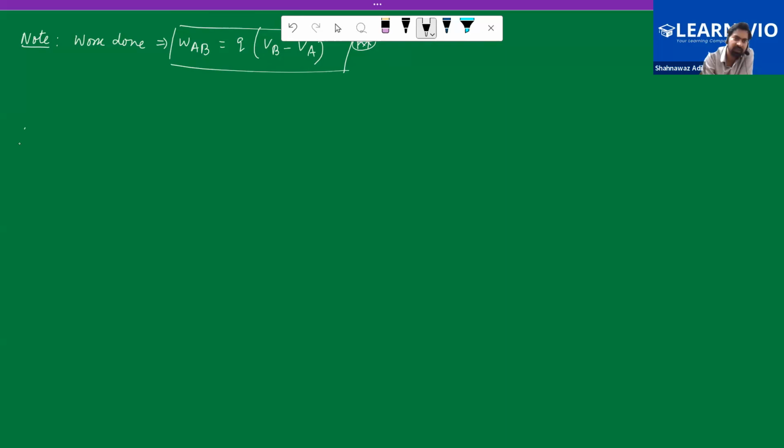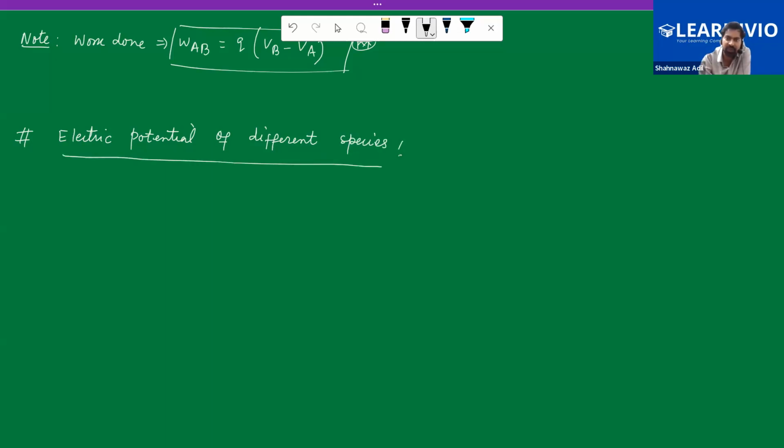So this is electric potential of different species, or different combinations of charges. First is for a single charge.